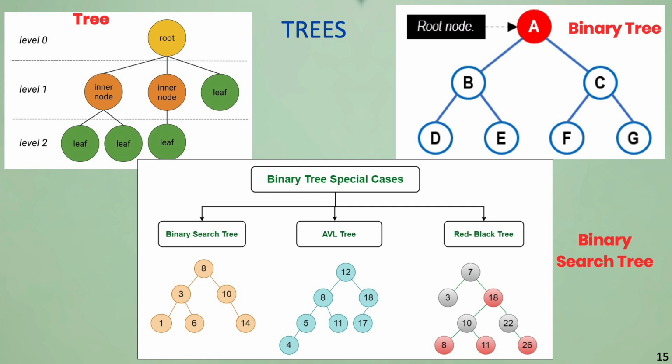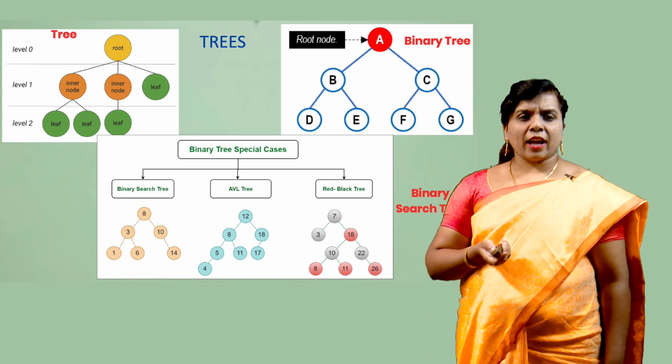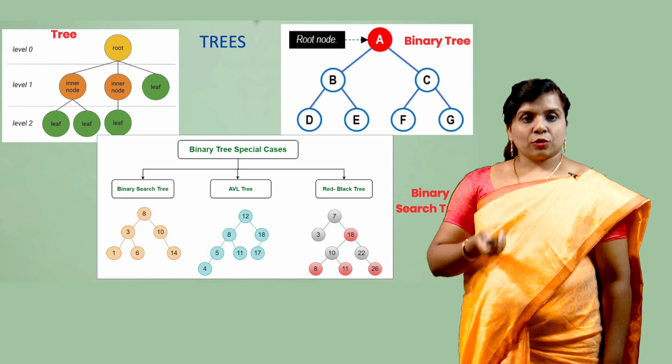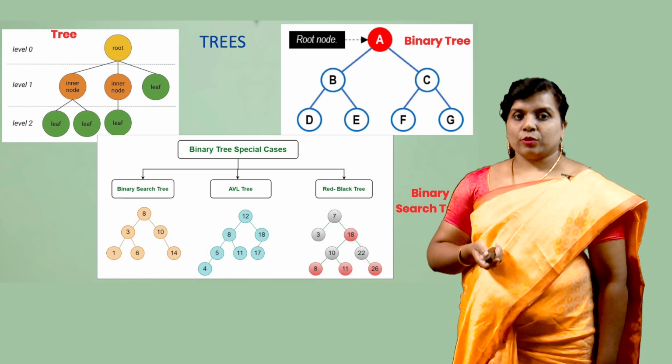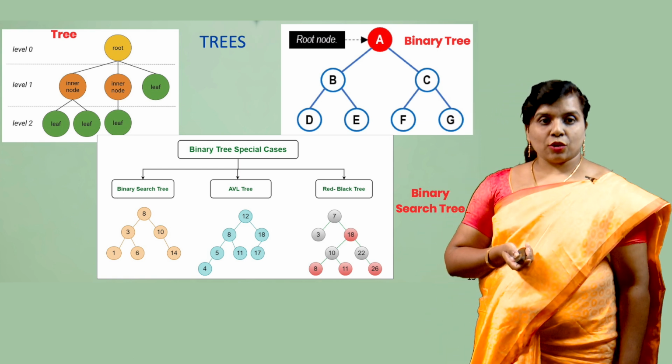On the top left, you see an example where I have shown in a tree there will be many levels, and as I was mentioning before, one of the nodes in the tree will be designated as the root node in the tree, and the root node will always be found at level 0. And you may have any number of levels between the root node and the leaf node. In the example shown here, we have 3 levels, level 0, 1 and 2.